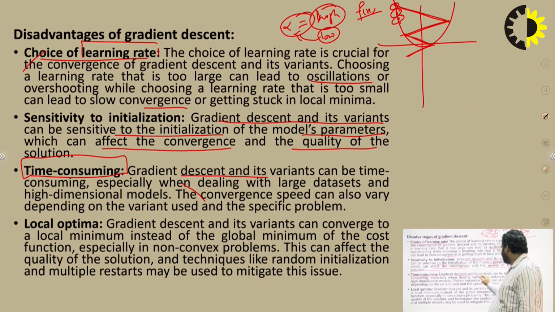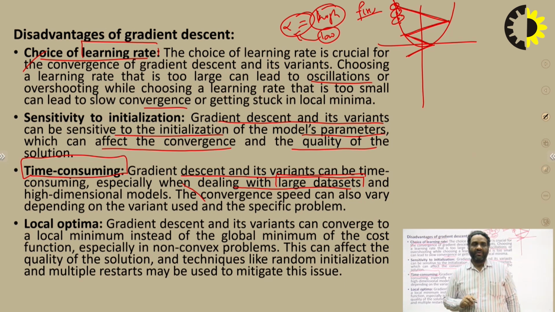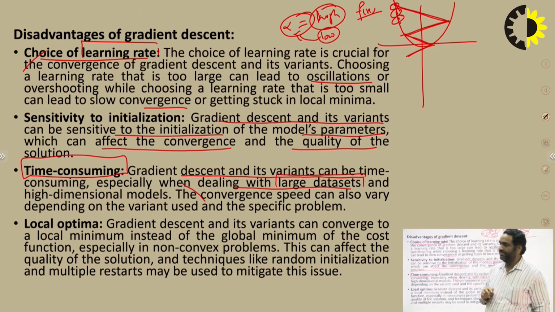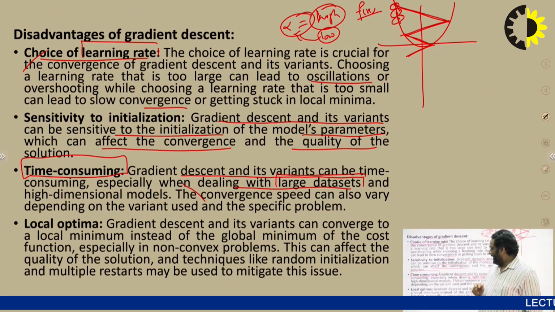So gradient descent and its variants can be time consuming, especially when dealing with large datasets and high dimensional models. The convergence speed can also vary depending on the variant used and the specific problem. At the time when this algorithm evolved, we didn't have very big datasets, so at that time it was perfect.